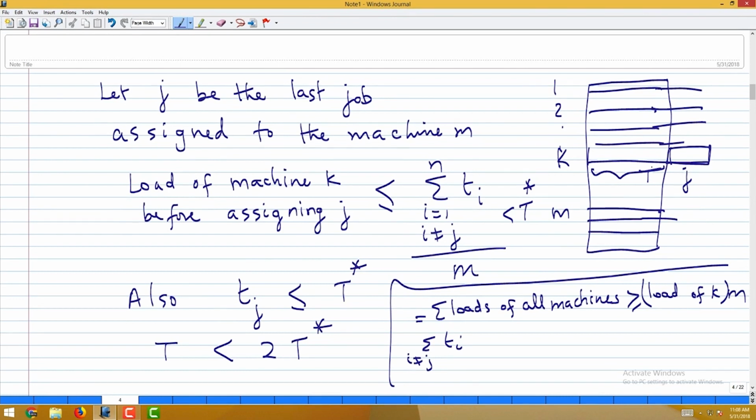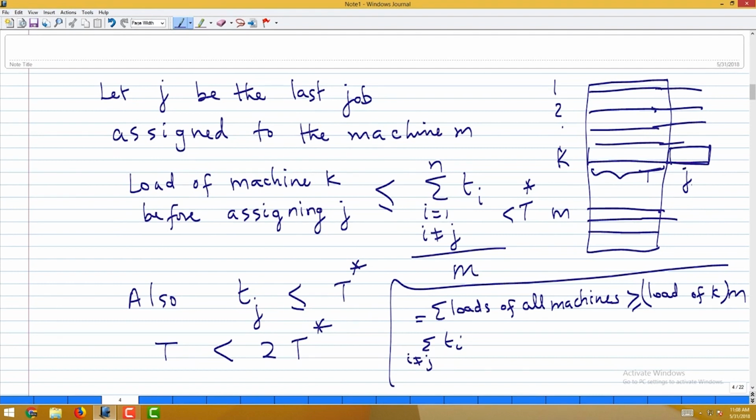By our earlier argument, we know that the load here is at most T star. The load of the machine before assigning j is at most T star was true even now, because of the same averaging argument, and this job's cost is at most T m plus 1.